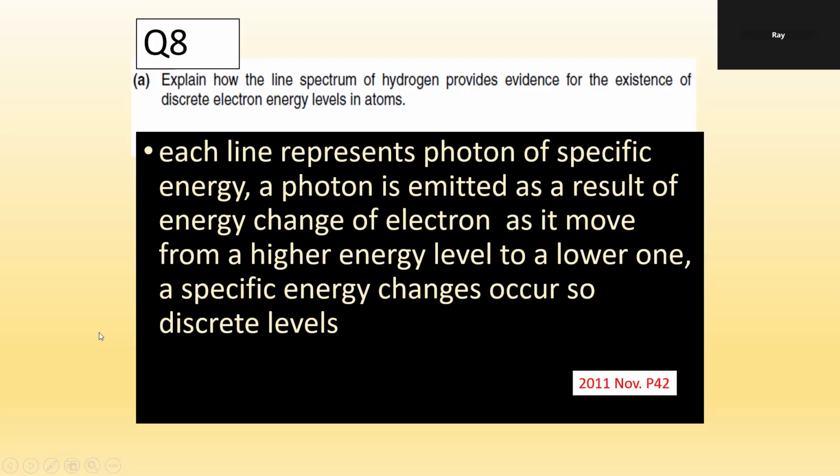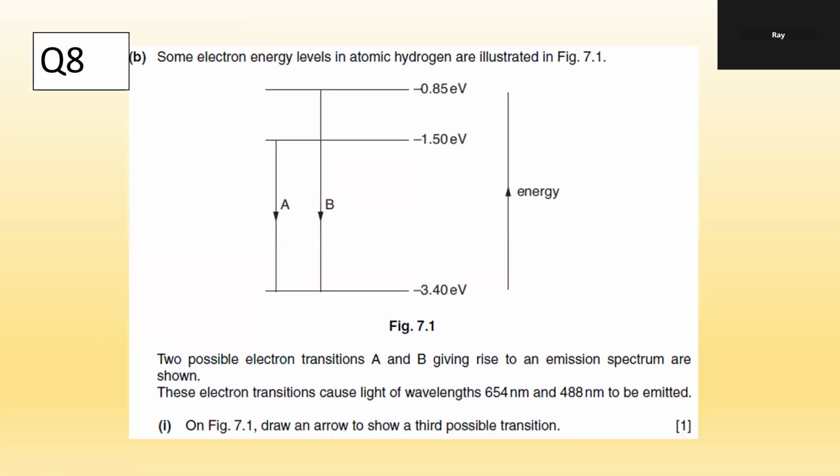Some electron energy levels in atomic hydrogen are illustrated in figure 7.1. Two possible transitions, A and B, giving rise to the emission spectrum are shown. These electron transitions cause light of wavelength 654 and 488 nanometer to be emitted, so these are in the visible region.